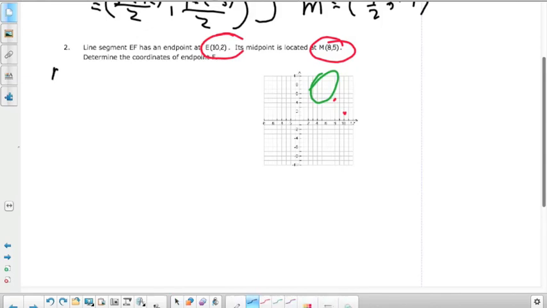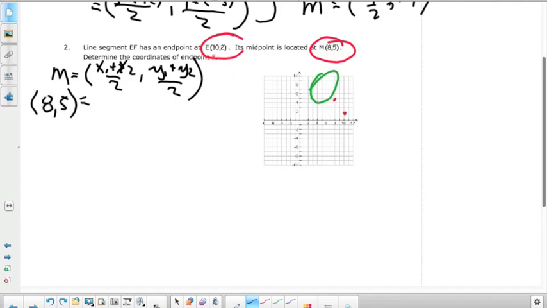So our midpoint formula again is x1 plus x2 over 2, comma, y1 plus y2 over 2. This time, do we know the midpoint? Yeah, so what is it? It's 8, 5 is equal to, and I'm going to choose this as my x1, y1.